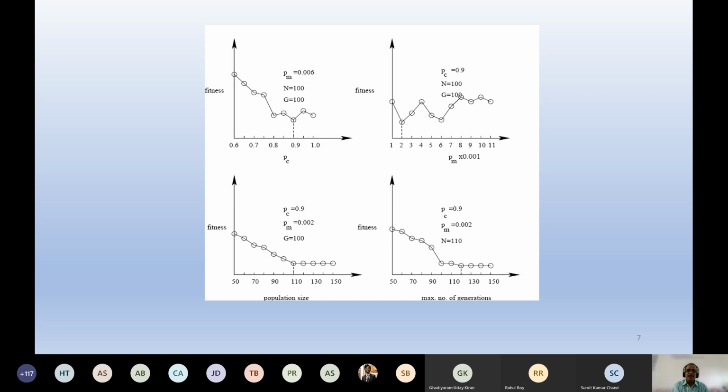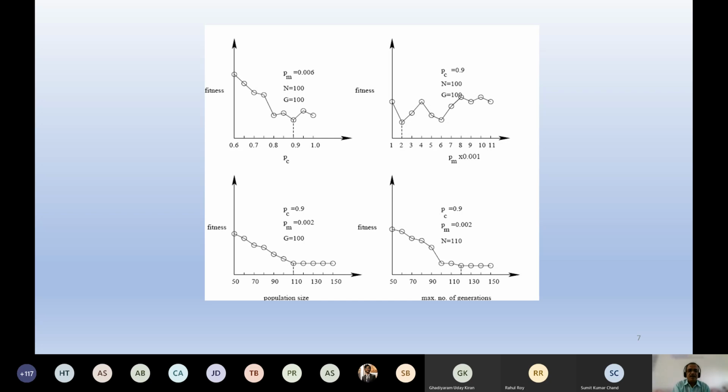Once you have this optimum value of PM, with PC equals 0.9, PM equals 0.002, and G equals 100, I'm going to vary the population size. Corresponding to this, I'm getting the minimum fitness, and after that if we increase it further, you'll see there is no improvement.